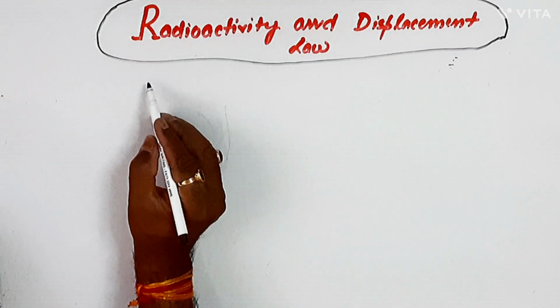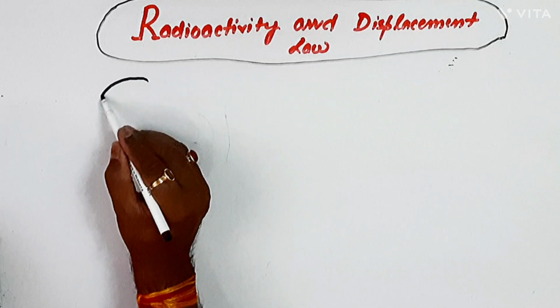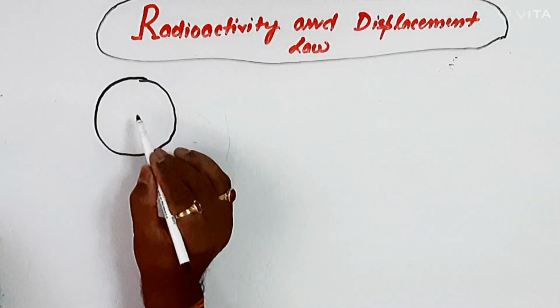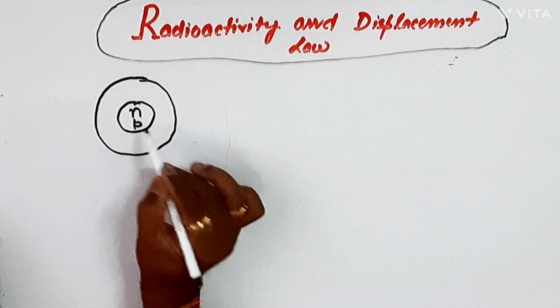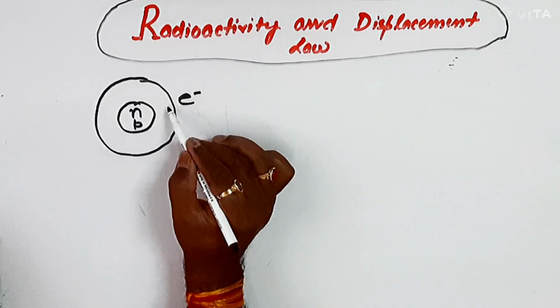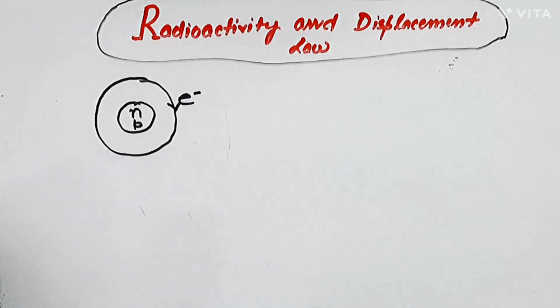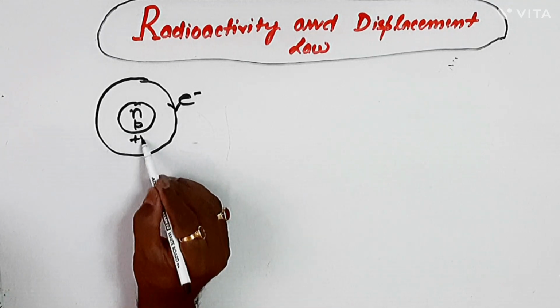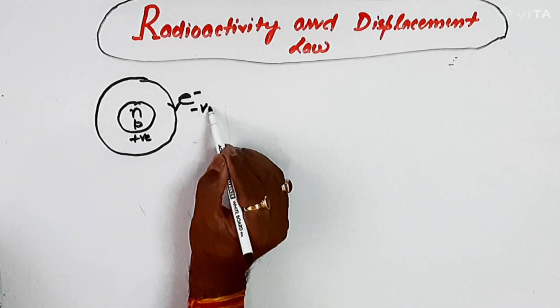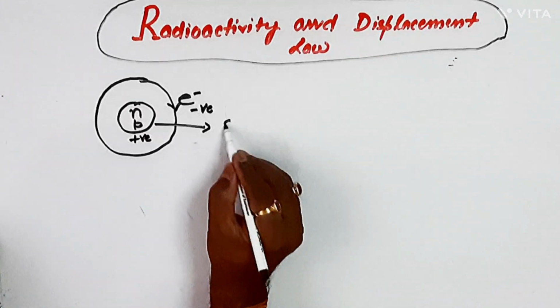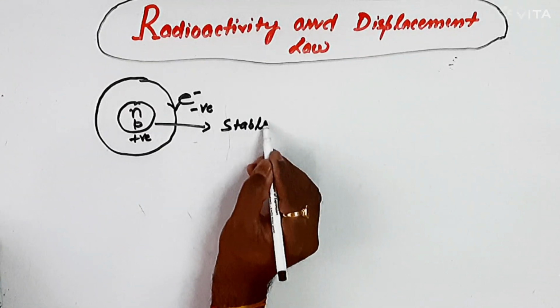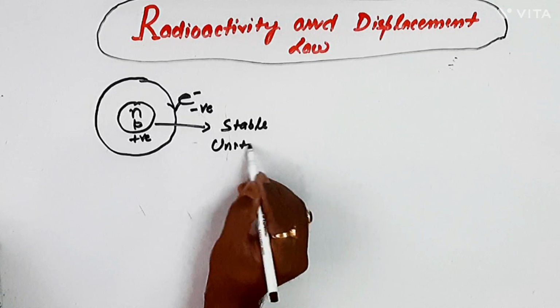So what is radioactivity? In an atom, the nucleus consists of neutrons and protons, and electrons are revolving around the nucleus. The nucleus is positively charged, electron is negatively charged. Now, a nucleus may be stable and it may be unstable.